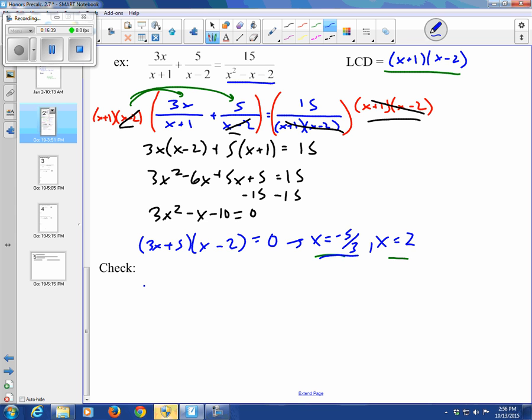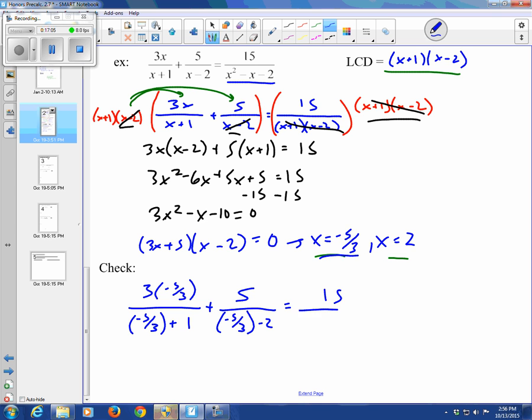Right here, that'll give us 3 times negative 5/3 over negative 5/3 plus 1, and then plus 5 over negative 5/3 minus 2, and then equals 15 over negative 5/3.